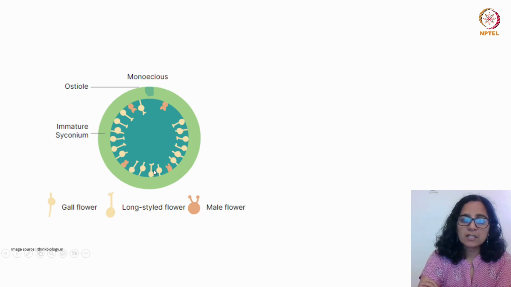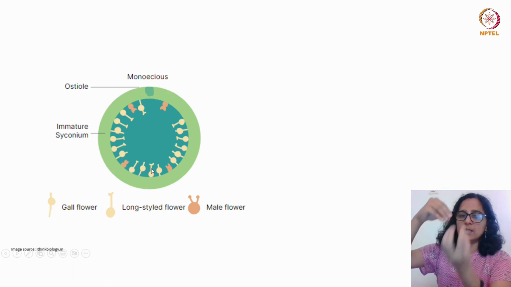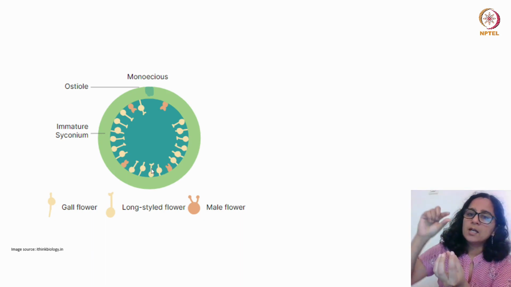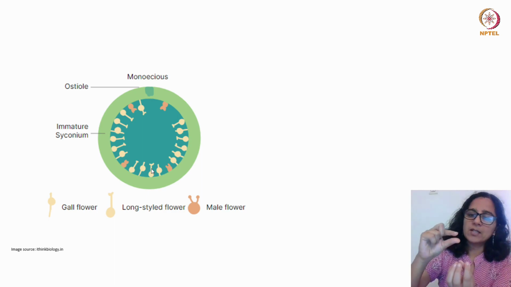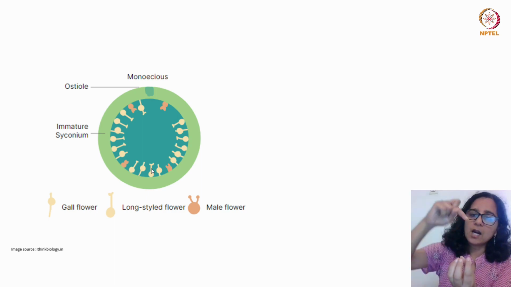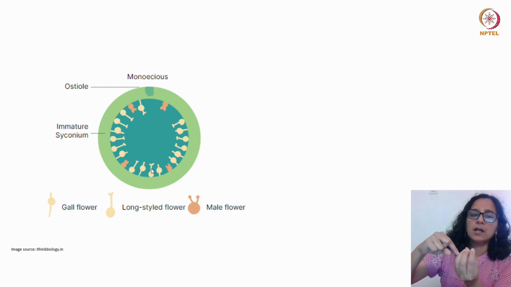The female wasp can't reach the ovary here because there is a long style. This is the ovary, this is a long style. The female wasp's ovipositor, a structure through which eggs are laid, is short, so it can't reach the ovary to lay an egg when it encounters long style flowers.